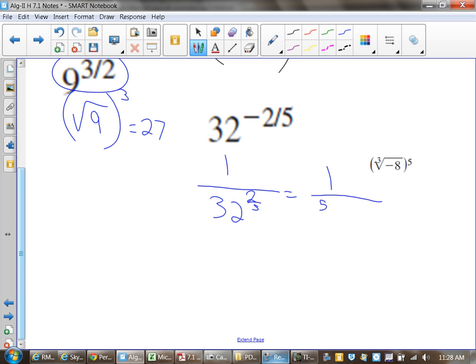What's the fifth root of 32 squared? The fifth root of 32 is 2. 2 squared is 4. So your answer is 1/4.